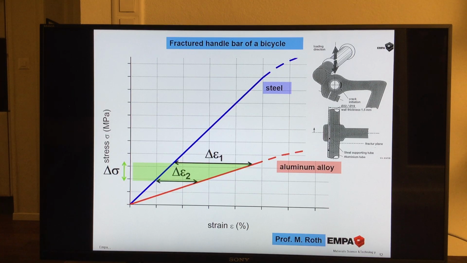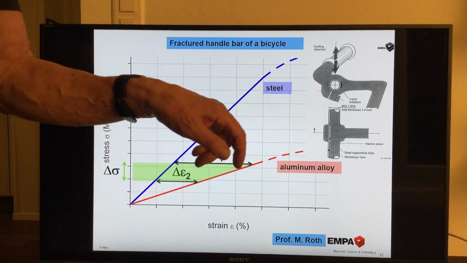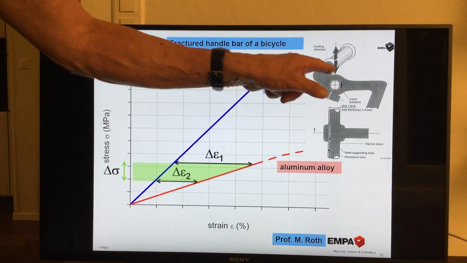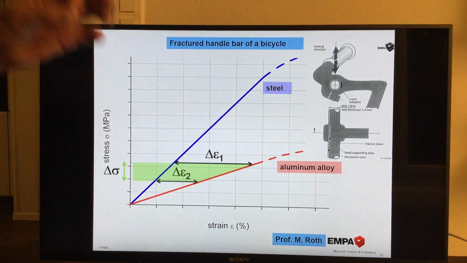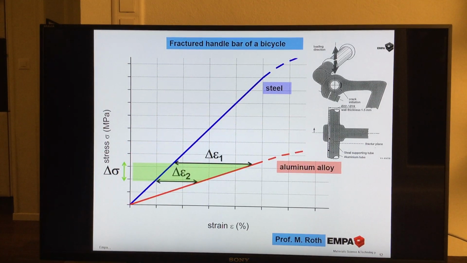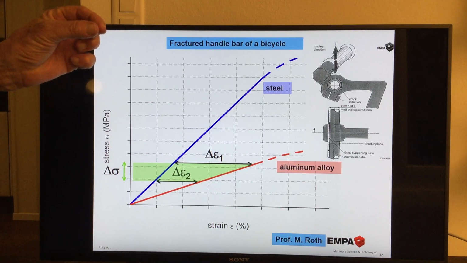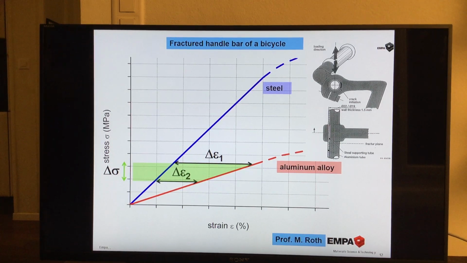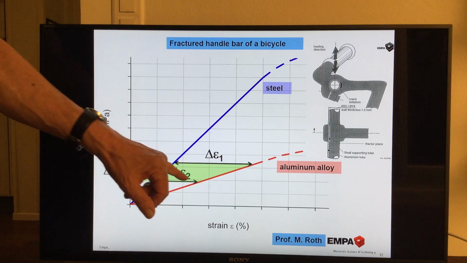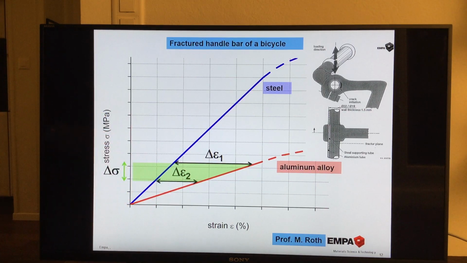And I told you from the beginning to keep in mind, this aluminum tube outside had, for this handlebar which crashed, which failed, 1.5 millimeter wall thickness, and we never had any cases or failures with aluminum tubes with a thickness of 2 millimeter. So there is obviously a lower limit for that. So that is the increase.